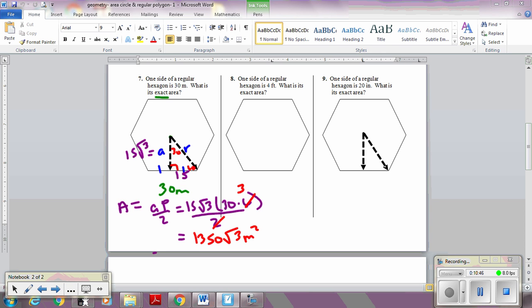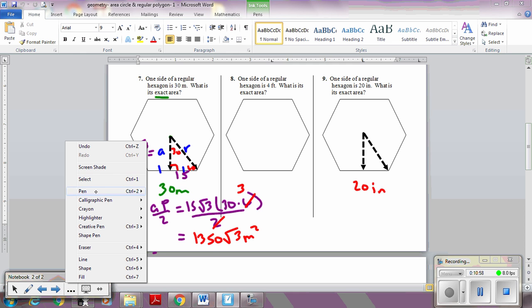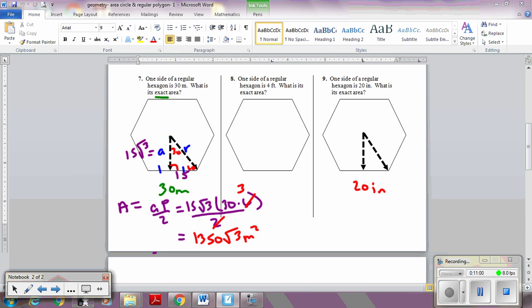And this hexagon is 20 inches. So that means each side is 10. So this part is 10, this part is 10. So that means your apothem is 10 root 3.